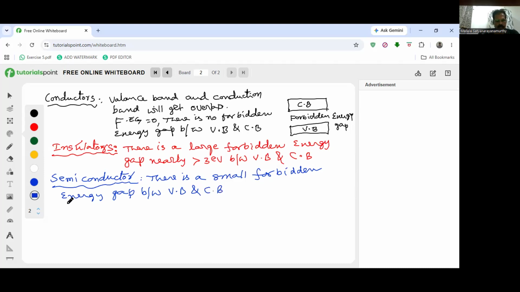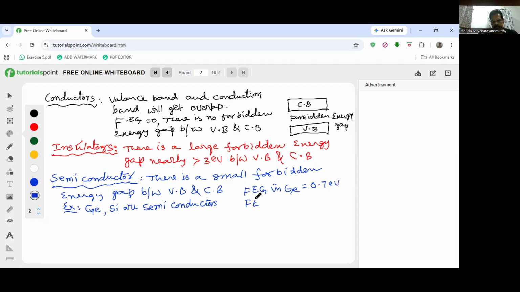Examples of semiconductors are germanium and silicon. The forbidden energy gap in germanium is 0.7 electron volt.